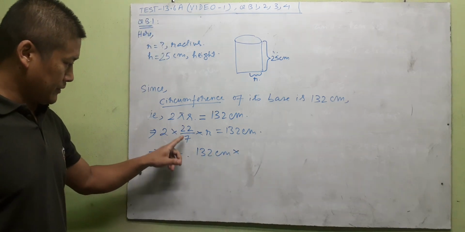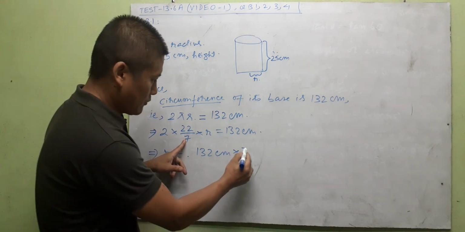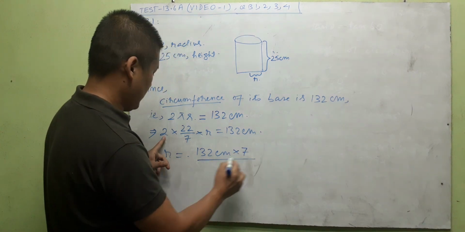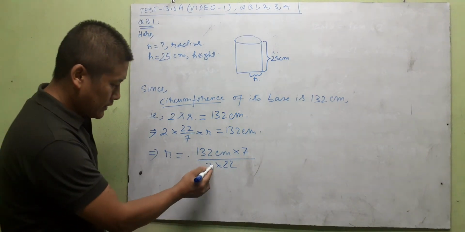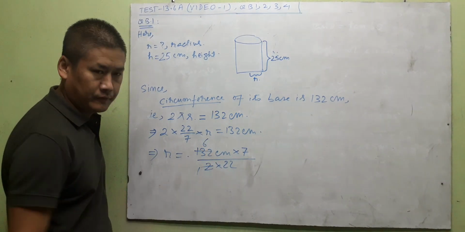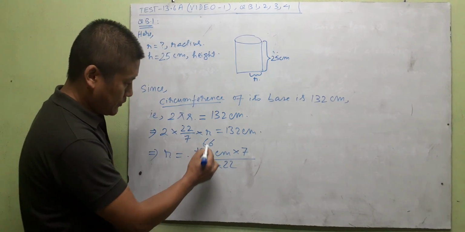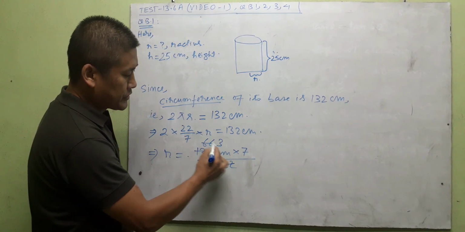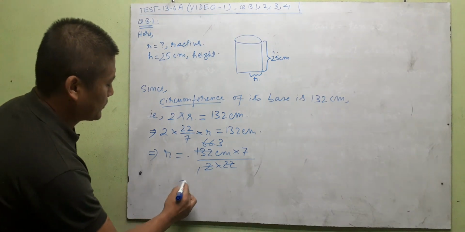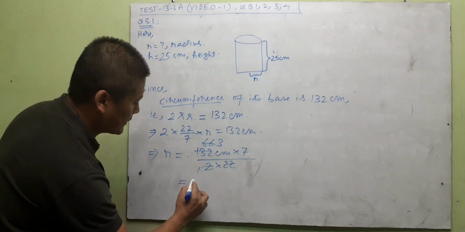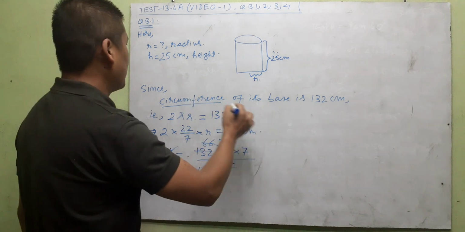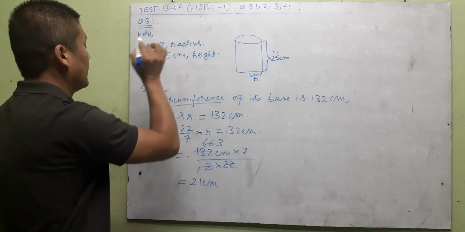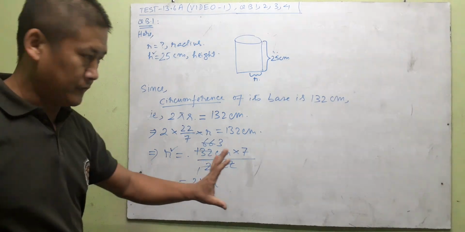When you shift these numbers, the denominator 7 will go up, and the numerator 2 and 22 will come down. So we can cancel it. 2 1s are 2, 6 2s are 12, 1 in hand, 2 6s are 12. 22 3s are 66, can go. So the radius of this cylinder is 3 7s are 21 centimeter. So we know the radius, we know the height already. So we can now use the formula for finding the capacity.